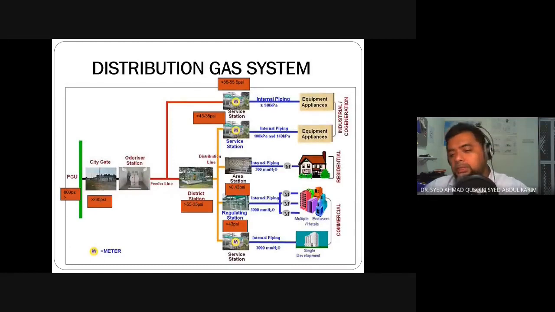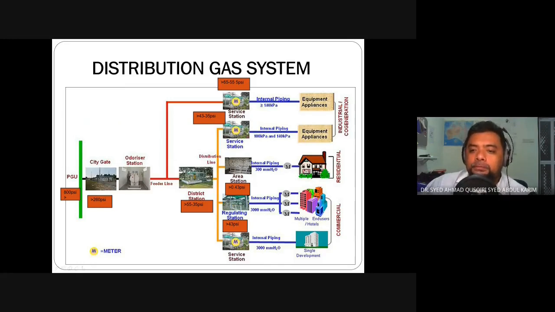So this is the diagram for the distribution of the gas system. From the PGU, the gas will go to the city gate, and then the odorizer station. From there, it is sent to the feeder line.